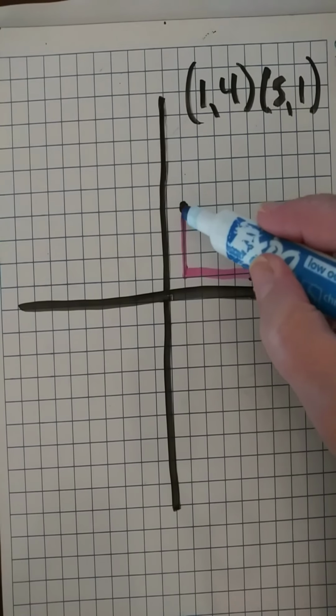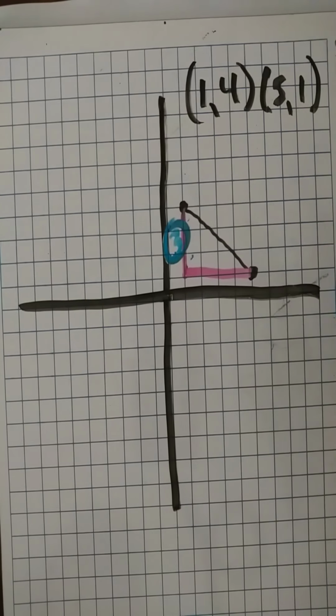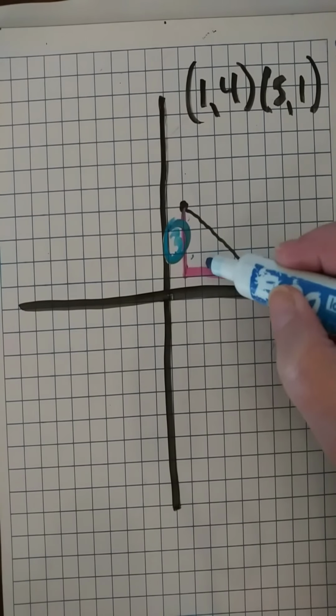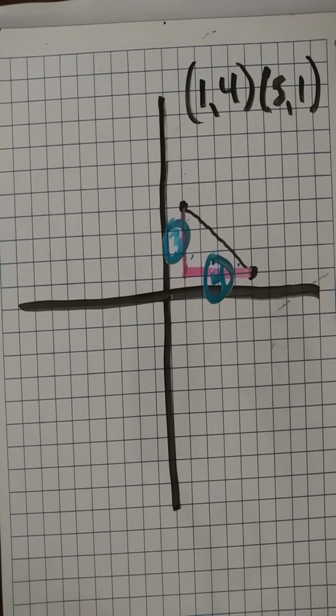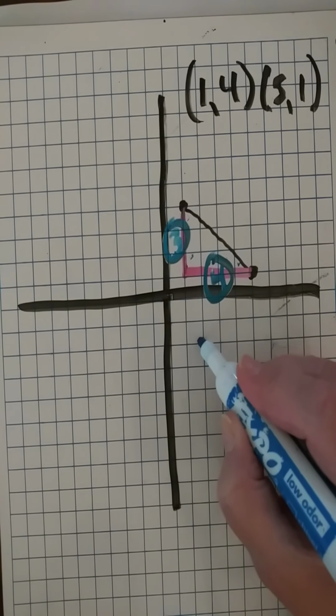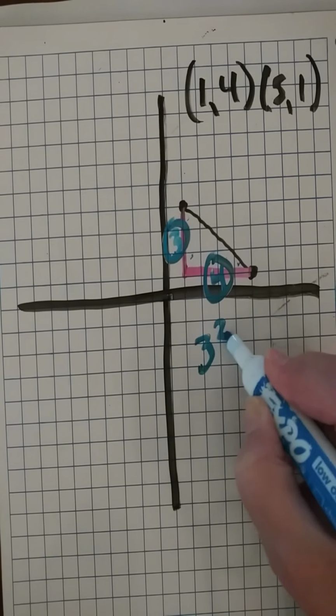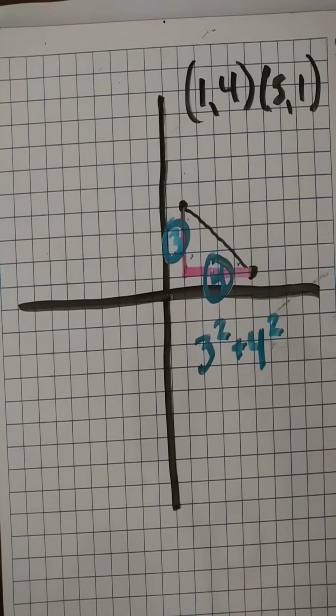So let's count. This leg would be 1, 2, 3. So 3 for that leg, 1, 2, 3, 4, 4 for that leg. You might remember that this is one of our popular special triangles. If I'm going to set this up like Pythagorean theorem, I have 3 squared plus 4 squared, because those are the 2 legs, right?